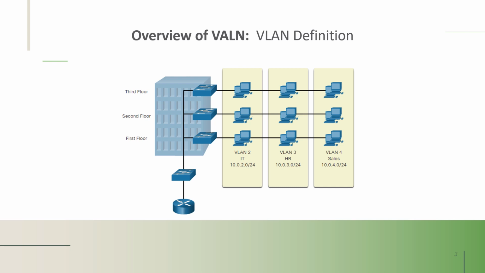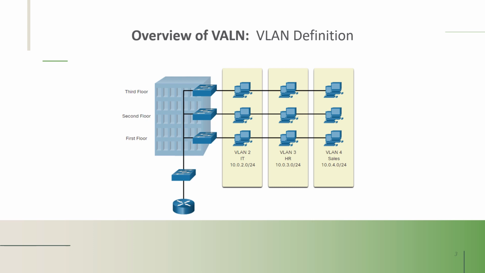Each VLAN is considered a separate logical network. Devices within a VLAN act as if they are in their own independent network, even if they share a common infrastructure with other VLANs. Any switch port can belong to a VLAN.